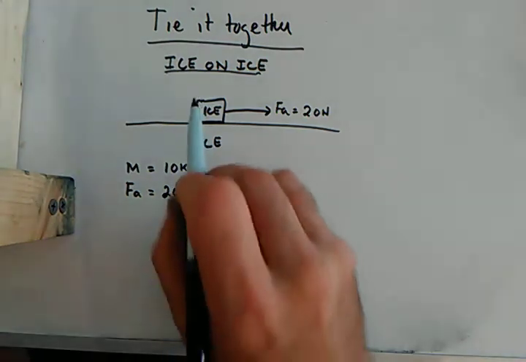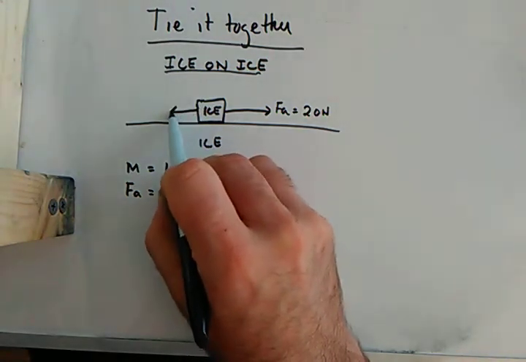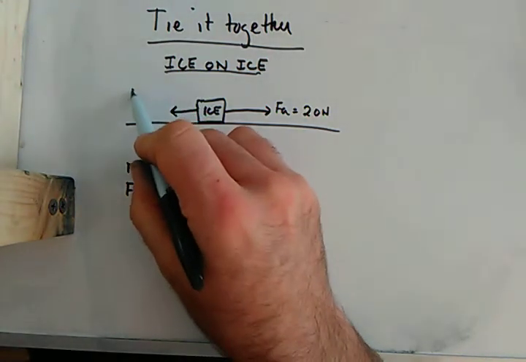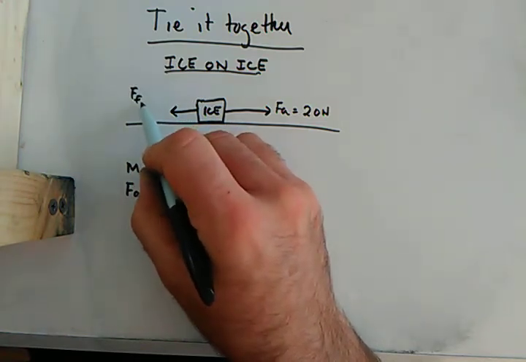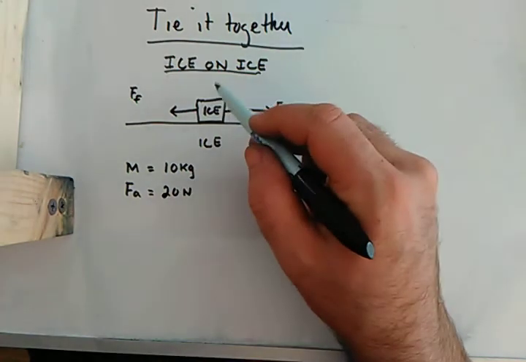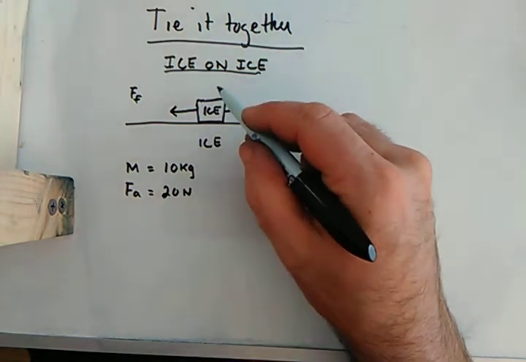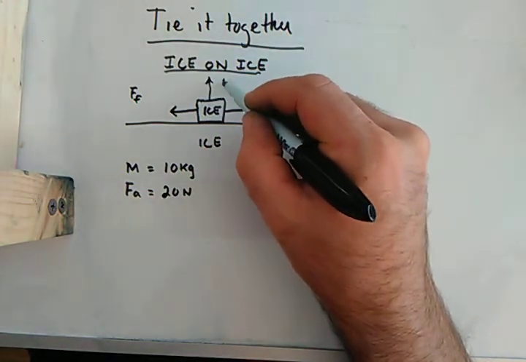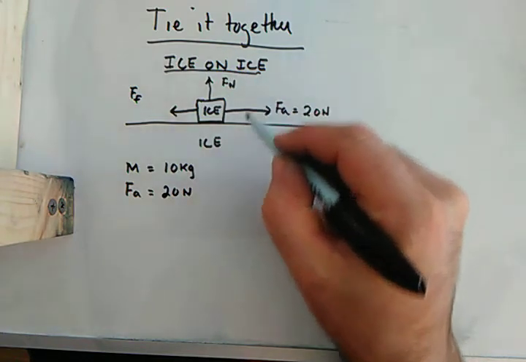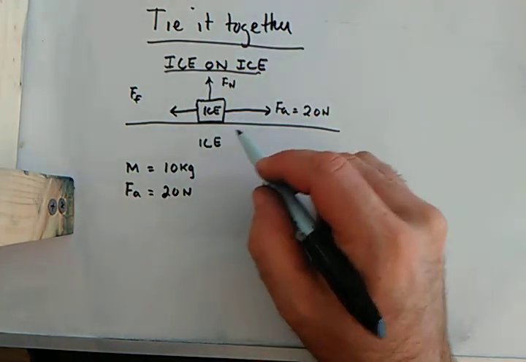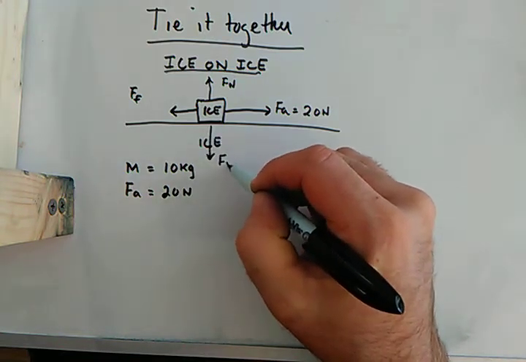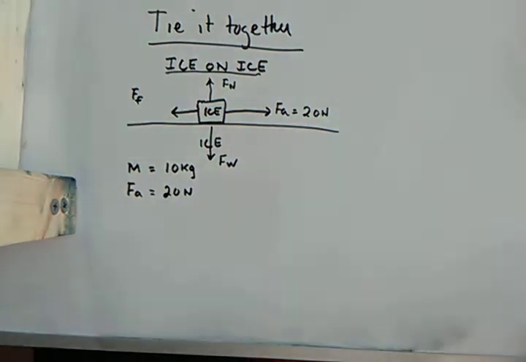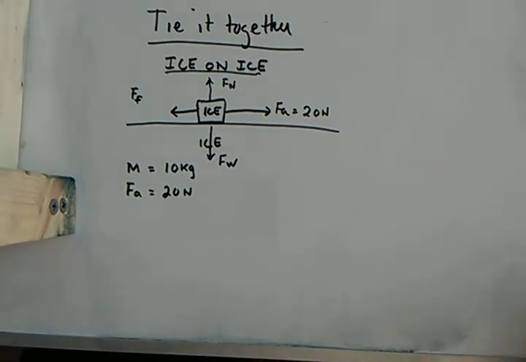I'm also going to draw in our arrows to represent the force of friction. We don't know static or kinetic yet. I'm also going to add in the normal force, and I'm going to add in my weight. So first things first, the ice is not moving.